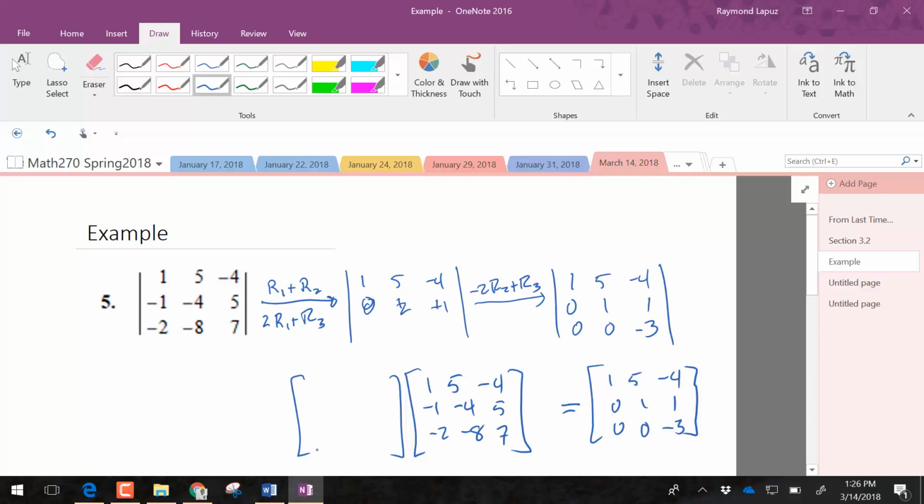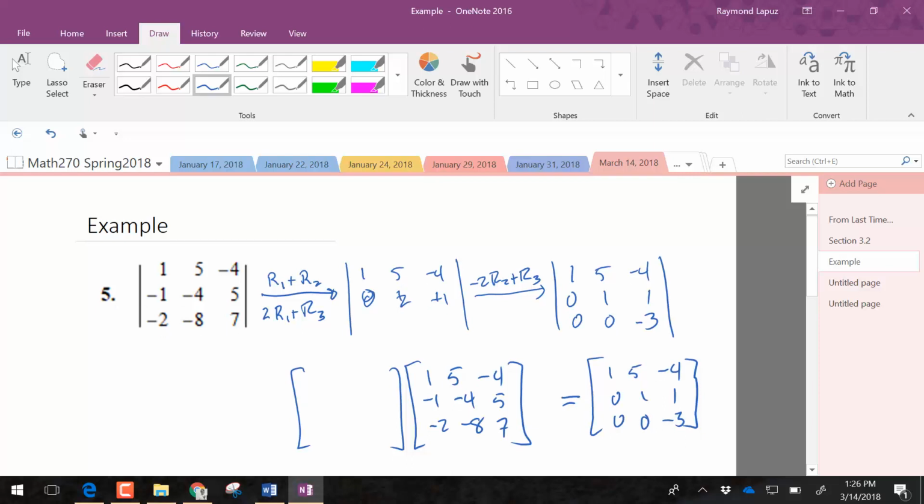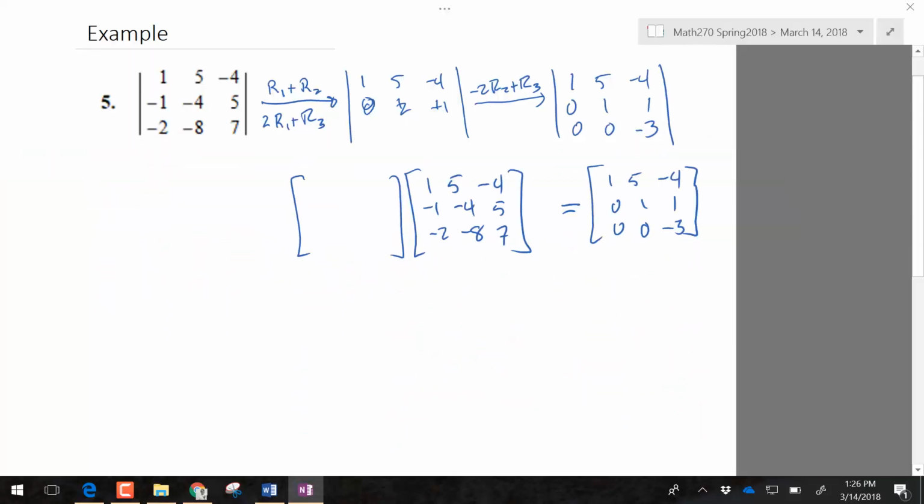Well, not done yet. So it is row equivalent, but it's obtained by doing this first step. I need to write smaller matrices here. 1, 0, 0, 1, 1, 0, 0, 0, 1, by adding the first row to the second row of the identity, right? And then also by adding 2 times the first row to the third row.